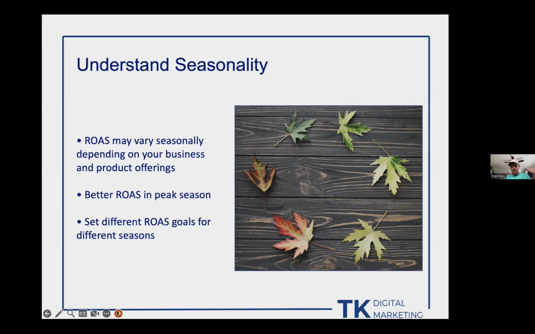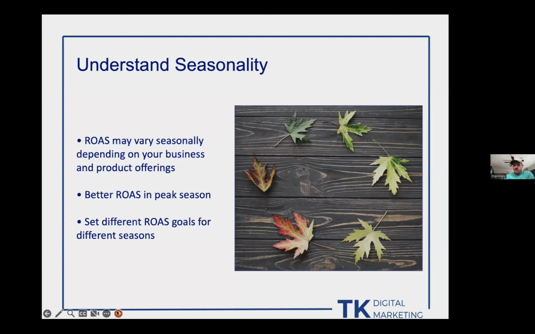With their daylilies, I know during the peak part of the season, our ROAS is going to be higher, and we can have a higher threshold because we expect better performance from the ads during peak season. As fall approaches and people are less interested in buying and planting daylilies, we have a lower ROAS threshold. We may be okay with a 3 or a 4, whereas we were looking for a 7 or 8 during the busy season.